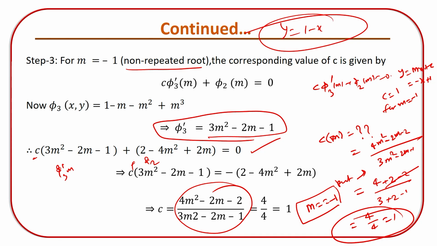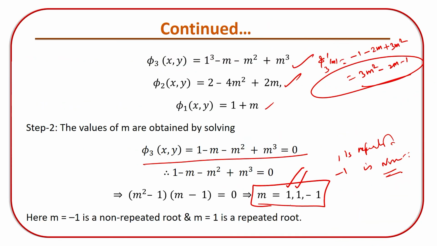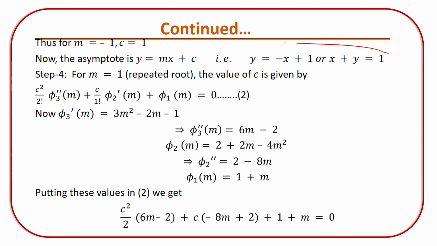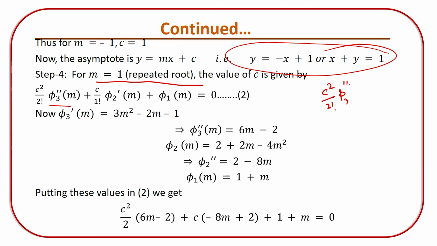Similarly, since 1 is the repeated root, I will go back to my equations, and we have a different scenario. Since the highest degree is 3, we use c square by factorial 2 into phi 3 double dash m plus c by factorial 1 phi 2 dash plus phi 1 equal to 0.